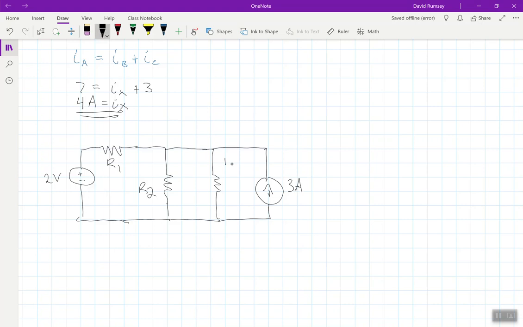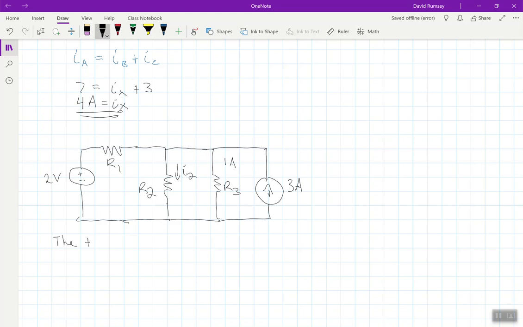Okay, so let me write it the way I have it in my notes.